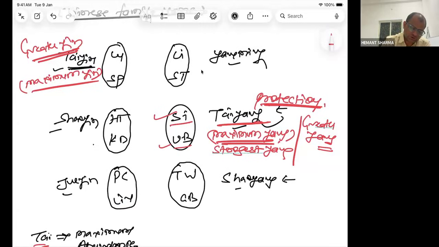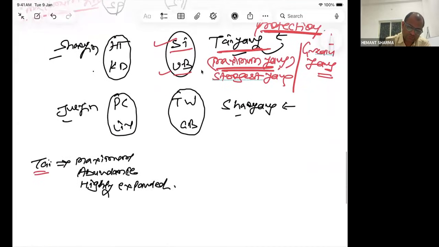Then the second thing comes: Shao. The meaning of Shao is lesser, little, or smaller.